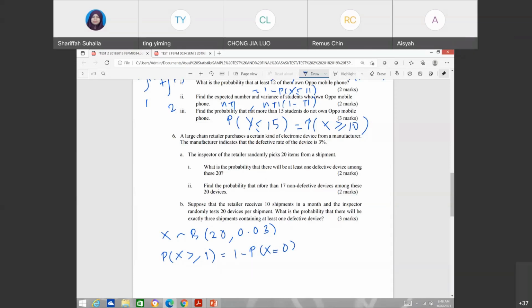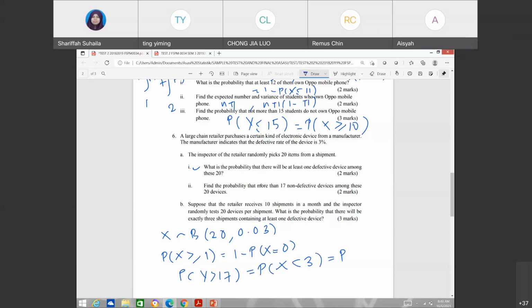So second, find the probability that more than 17 non-defective devices among these 20 devices. More than 17 non-defective, so yang kita punya tadi apa, defective. So katakan Y greater than 17. So what you want to solve is less than 3 defective. Less than 3 maksudnya tak termasuk 3.